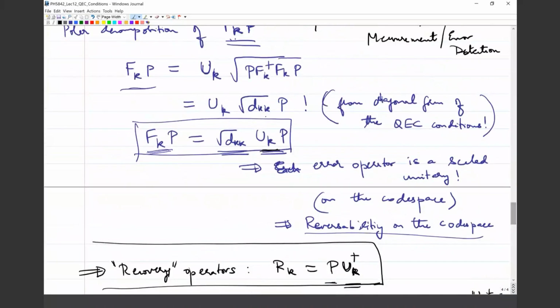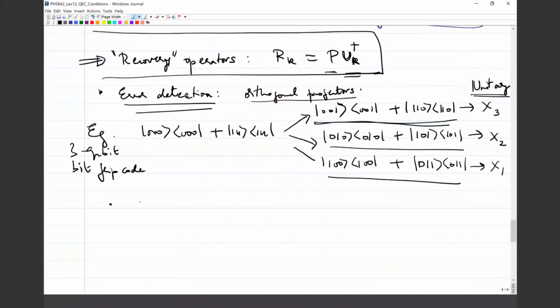Now all that I know is that every error operator is of this form U_k P. But look at these unitaries more closely. So these orthogonal projectors P_k actually come from these unitaries themselves, right? These unitaries come from doing a polar decomposition of the error operators.